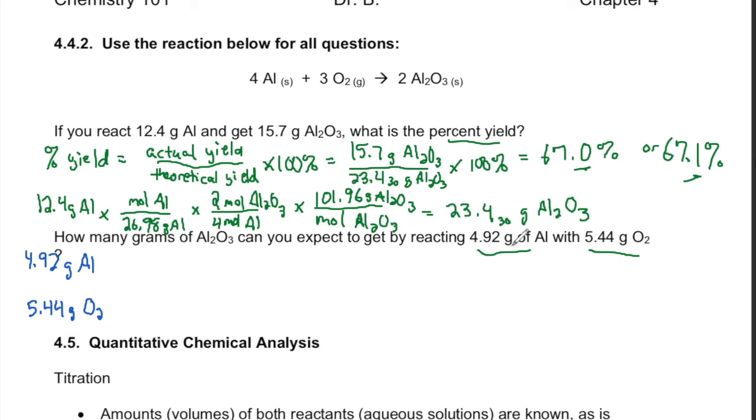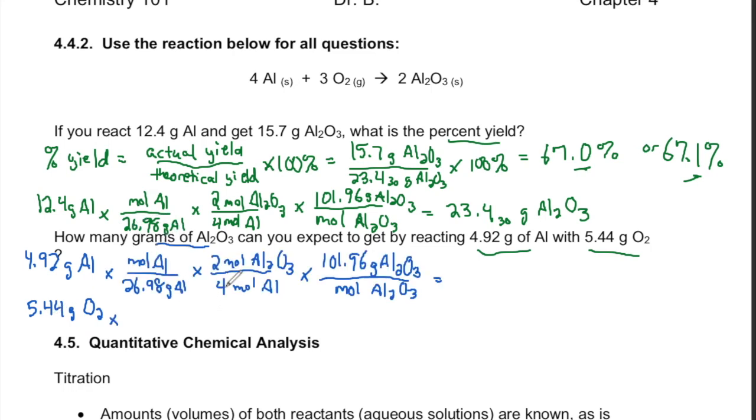So for this limiting reactant problem, we'll go ahead and do a conversion with each of the starting materials, converting grams of aluminum to grams of product, and then converting grams of oxygen to grams of product. This first one is very similar to what we just did, converting grams of aluminum to grams of aluminum oxide.